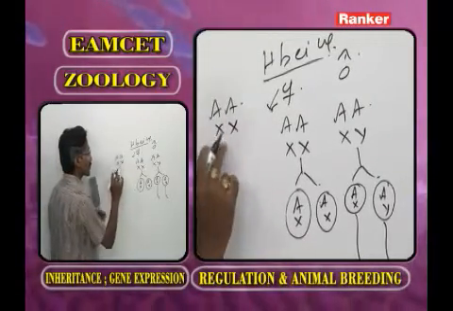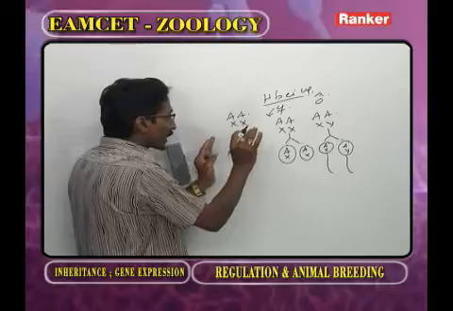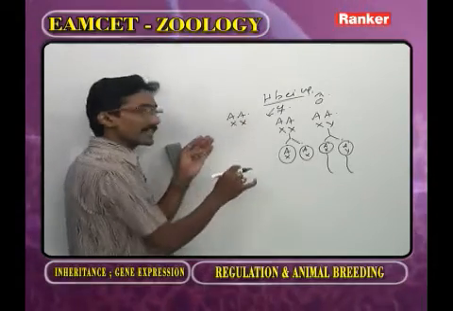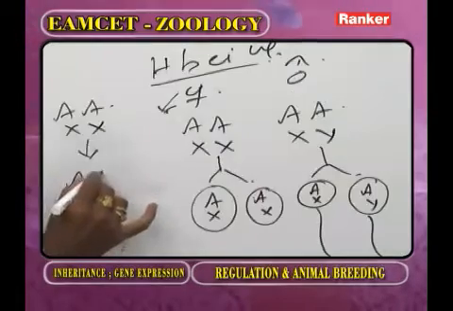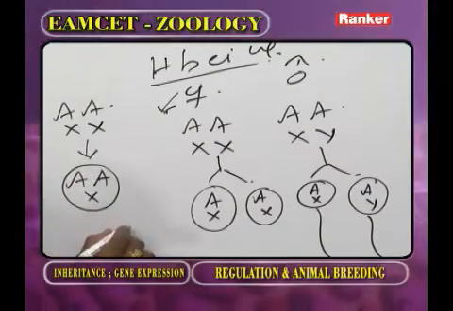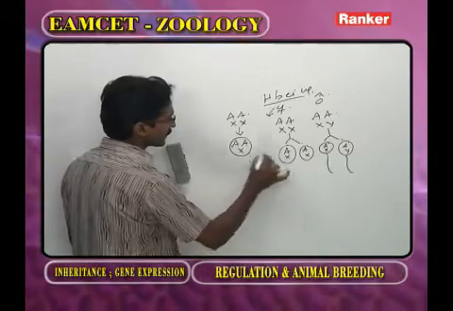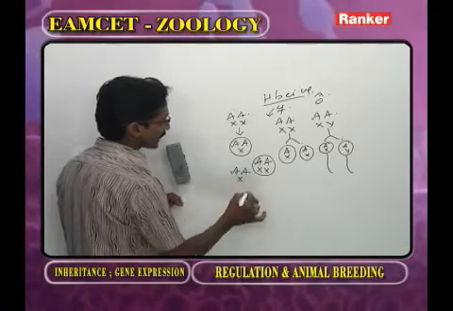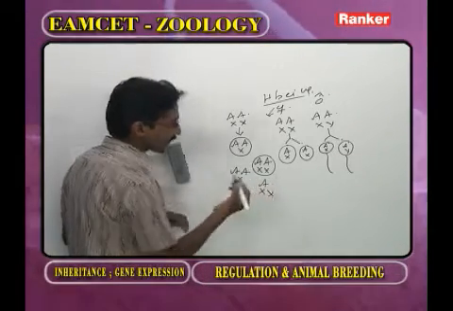If the chromosomes are not separated, or if they are not separated in a correct order, we are getting AAX, and next AAXX, or we are getting AAX, and we are getting AXX.